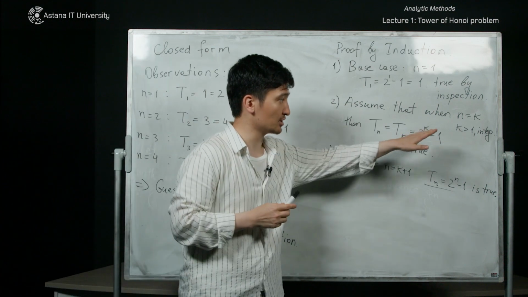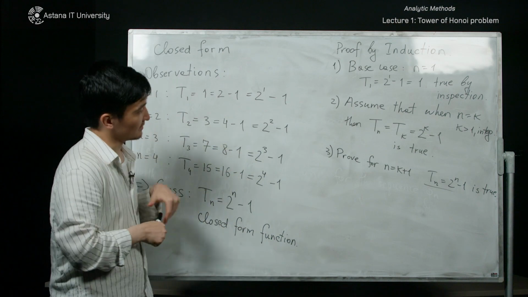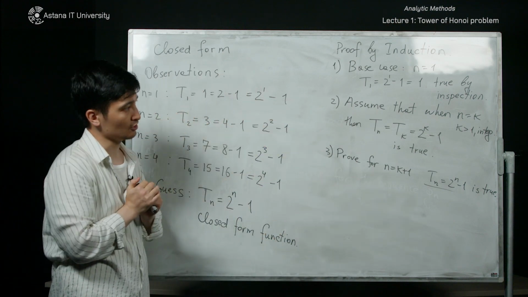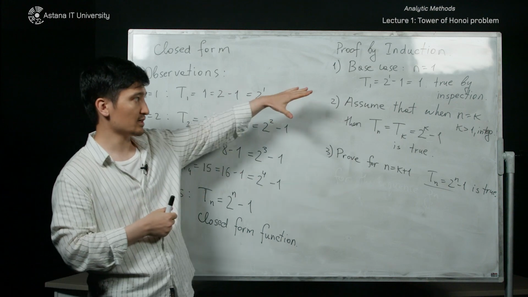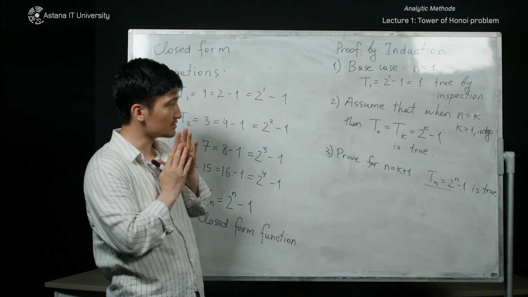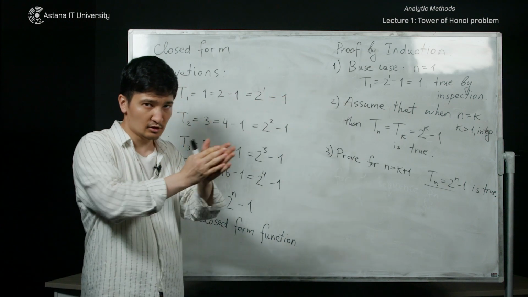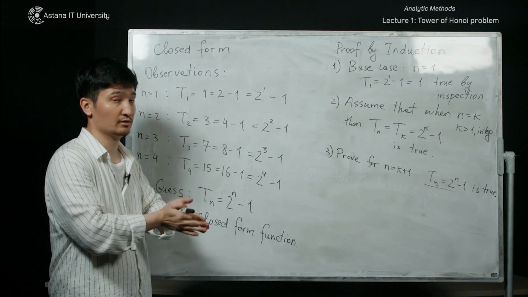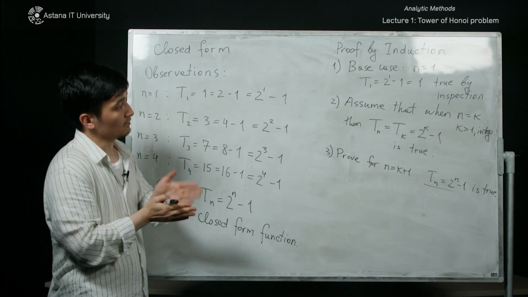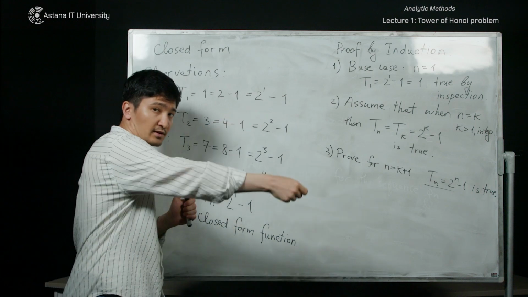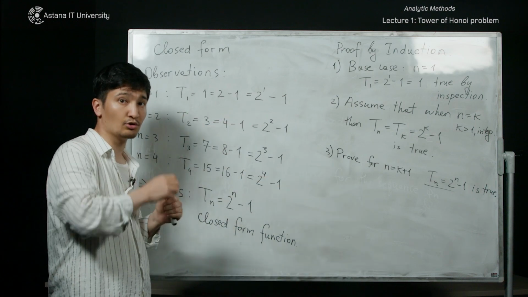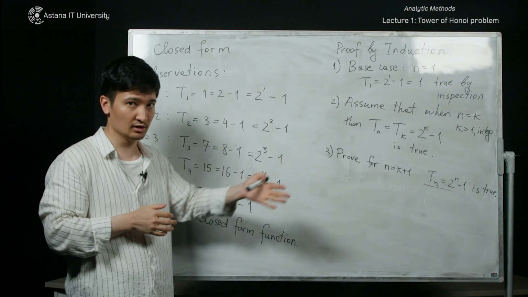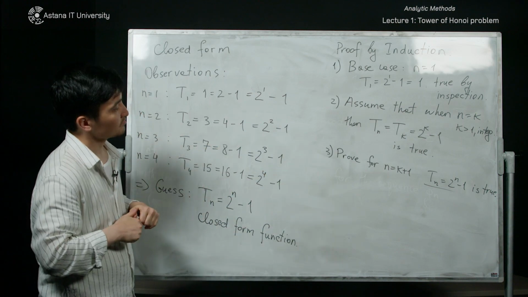If n equals k is my current step, then n equals k plus 1 is my very next step. So base case works. Now I'm assuming that if for n equals k my function calculates the value accurately, then for the very next value it should also calculate it accurately. So it must be true for that if the formula is correct.